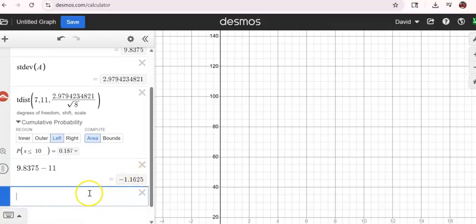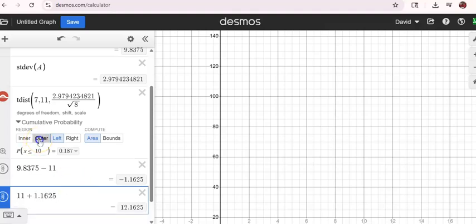You could also be above that because of the two-tailed test. You have to go below and above. So we're below. That number is below 11. So I could also be this much above 11. So take that number that we just got and add it to 11. And these are the two numbers.